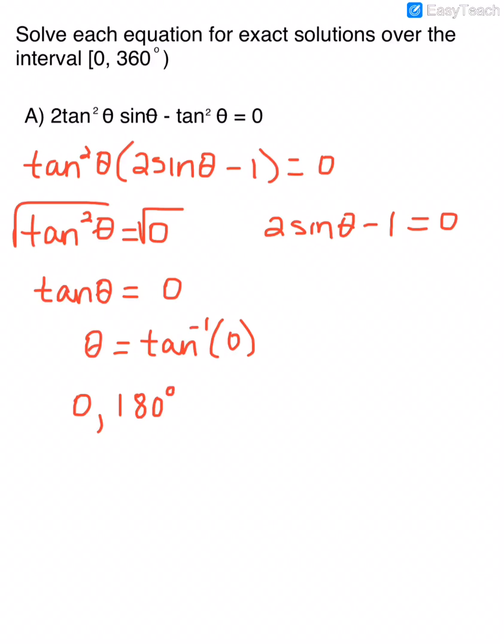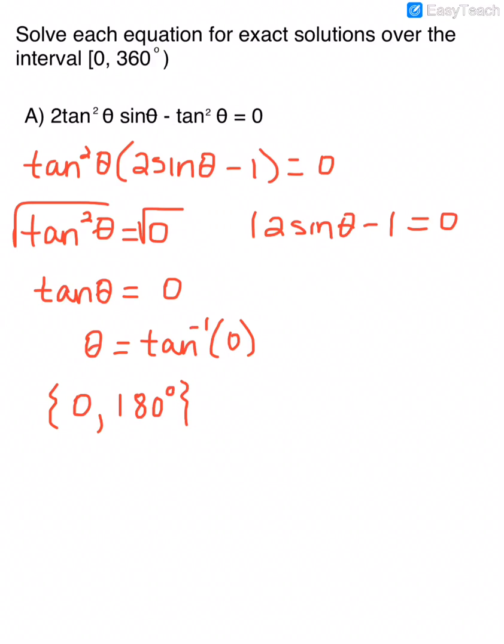Of course, tangent is also 0 at 360 degrees, but if you'll notice, this interval does not include 360 degrees. It's got that parenthesis, so that means it goes up to 360 degrees, but 360 degrees is not included. So that's why we just list 0 and 180 degrees.